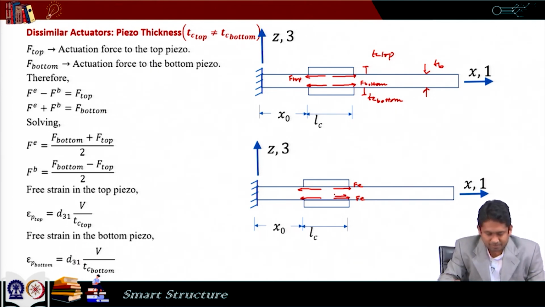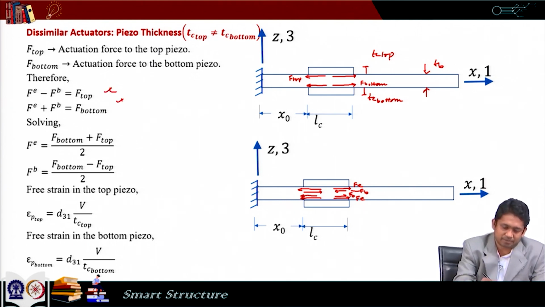So, again we have Fb here and opposite force Fb here. So, we can say that Fb plus Fe is equal to F bottom and Fe minus Fb is equal to F top, which are these two equations.